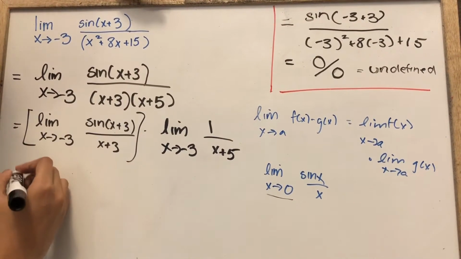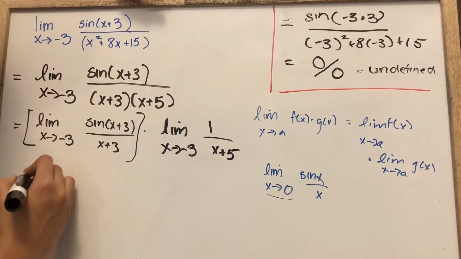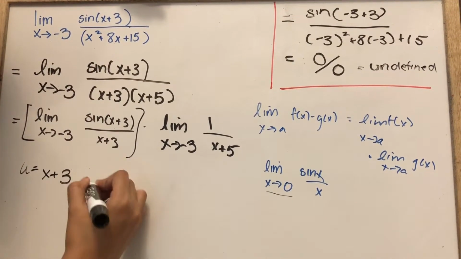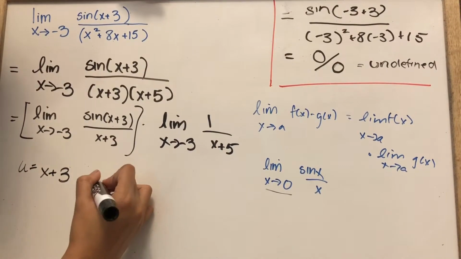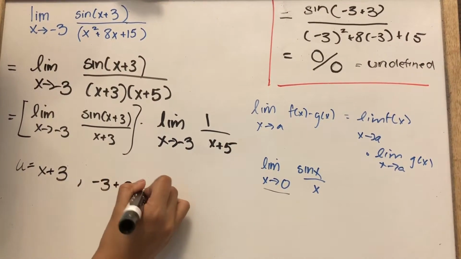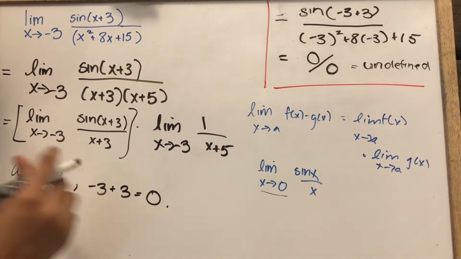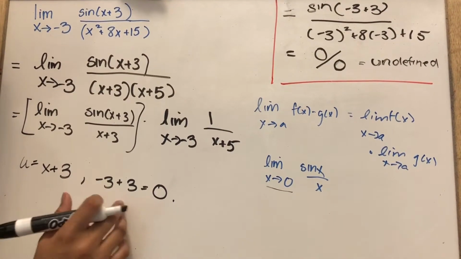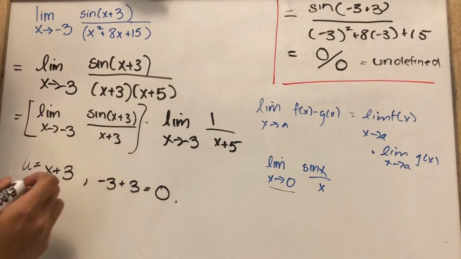If I substitute u as x plus 3, I can see that when I sub in -3, my u will go towards 0. So I'm going to be plugging in u as 0, knowing that -3 plus 3 will also go towards 0.